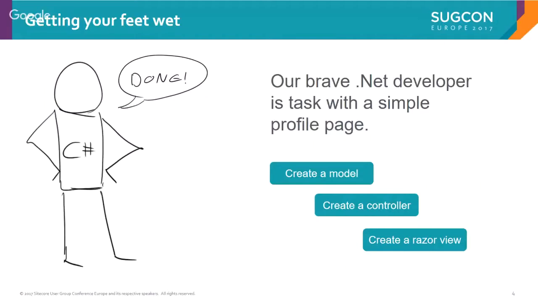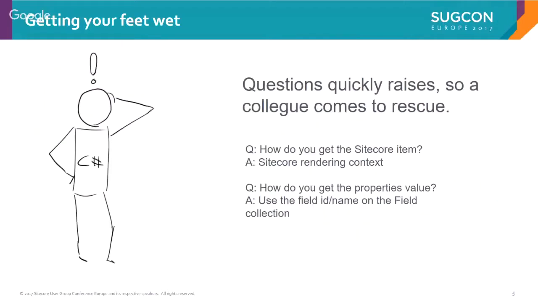So he asks a colleague, and the colleague is very helpful and tells him, well, the data item you get from the content item from Sitecore. All right, good. Well, how do I get the actual data out to populate my properties with? Well, there's this field object where you can just pull out the data and copy it over. So, all right, great.